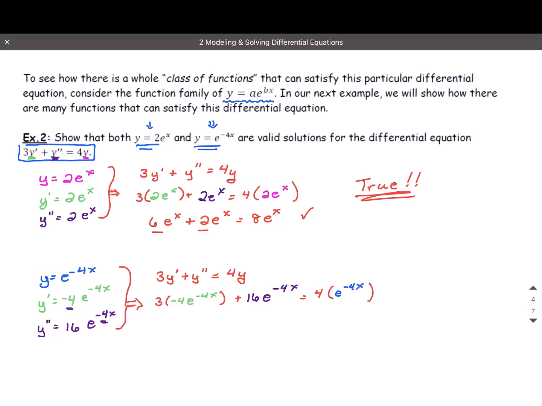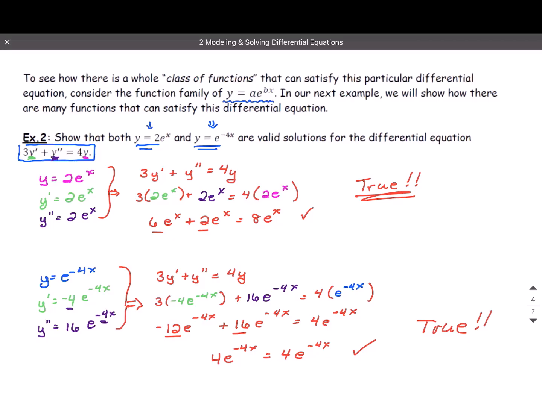Now we're going to do some work here. 3 times negative 4 is negative 12 e to the negative 4x plus 16 e to the negative 4x. And then we have 4e to the negative 4x. And notice negative 12 plus 16, that is indeed 4e to the negative 4x. These are the same. We know this is true.